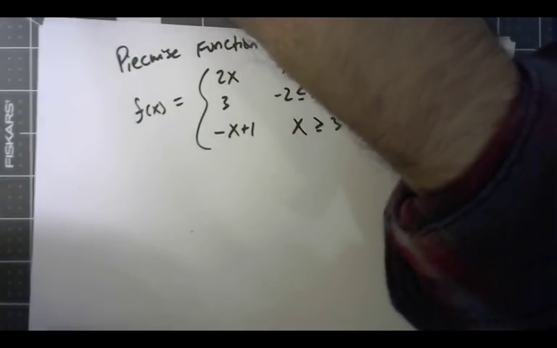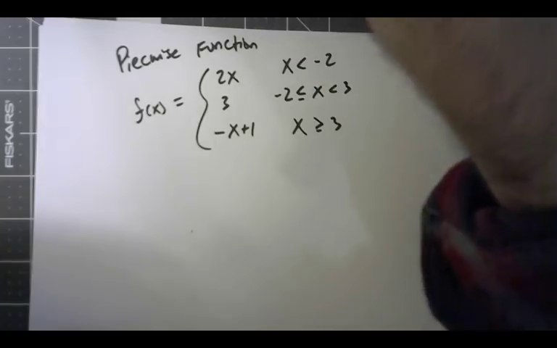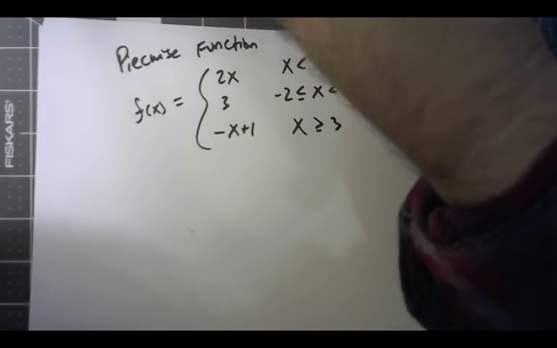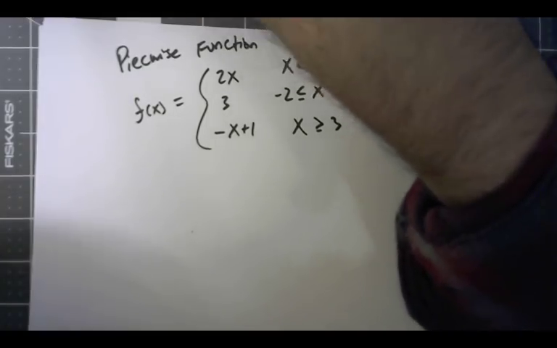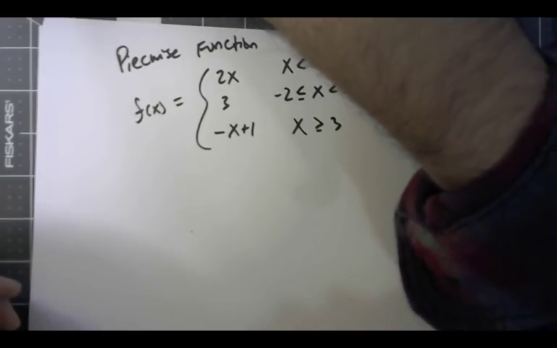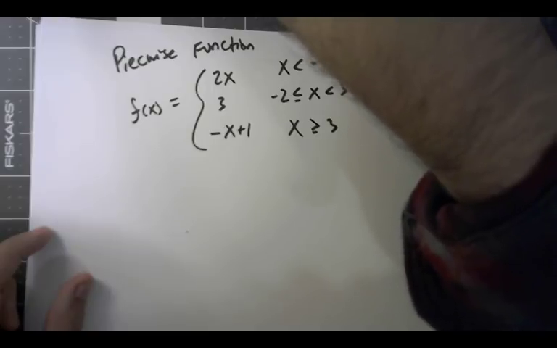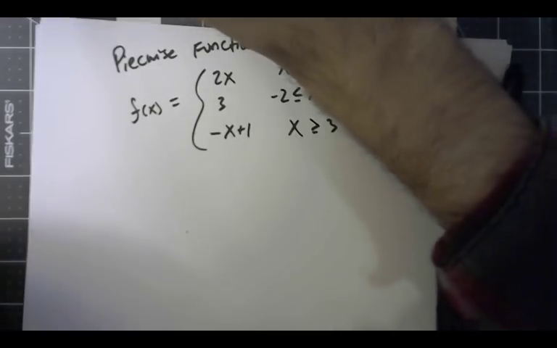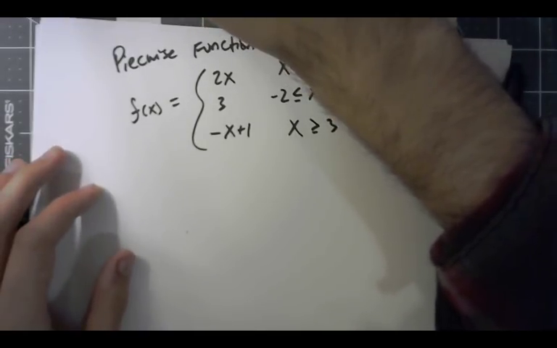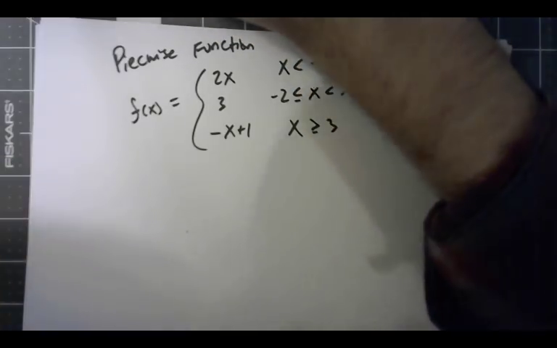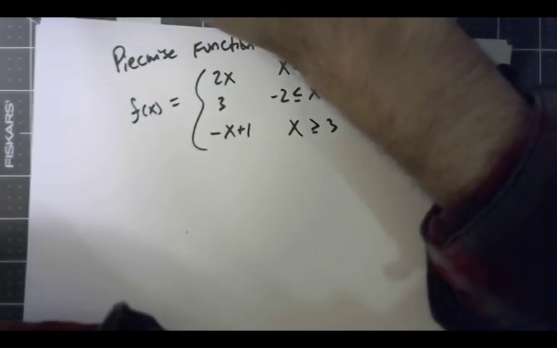My red is my first one, my blue is my second one, and my green is my last one. What piecewise functions are doing is saying we have these functions, but we don't want them everywhere. Like we want this blue one maybe to the left of this, or this green one in between here. So what we're going to do is chop these three up and show you what we're looking for.